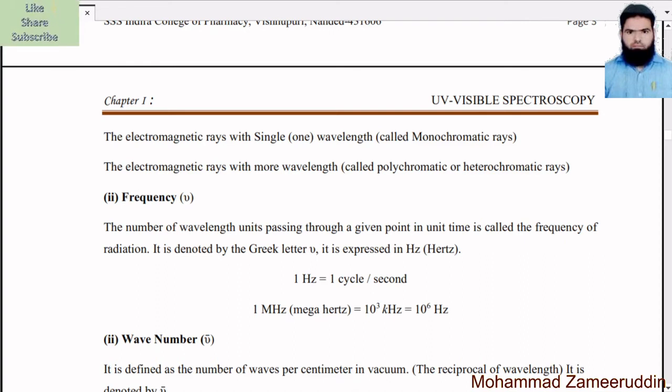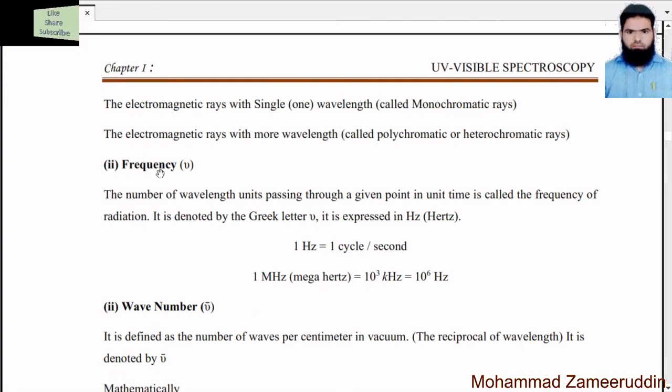That type of radiation is called polychromatic or heterochromatic radiation or rays. Poly means more than one and hetero means different. If any beam of light contains more than one type of radiation, it is called heterochromatic light.